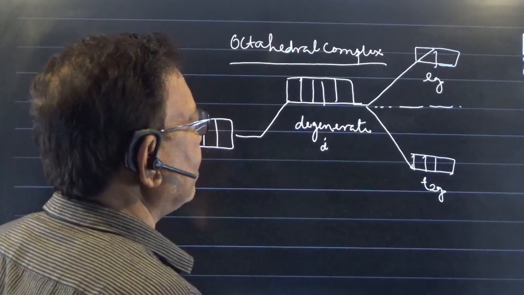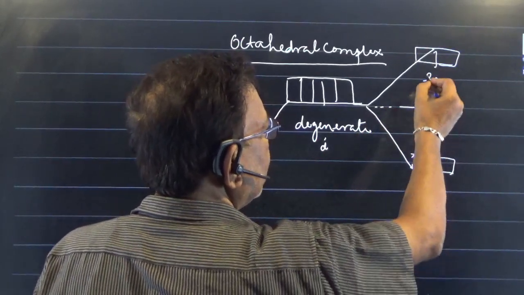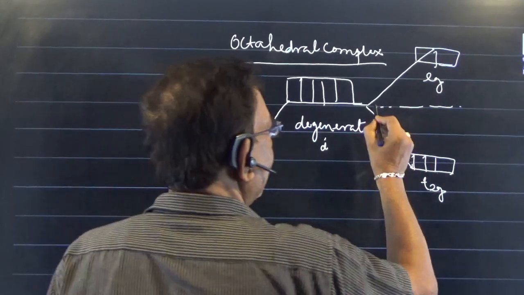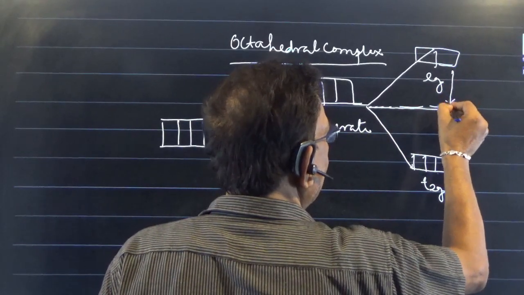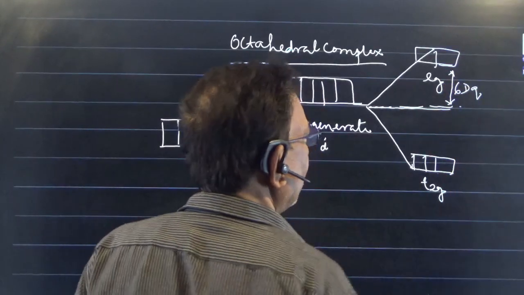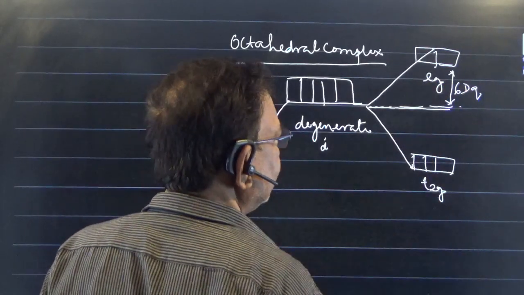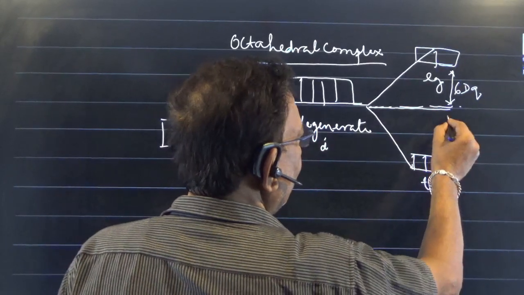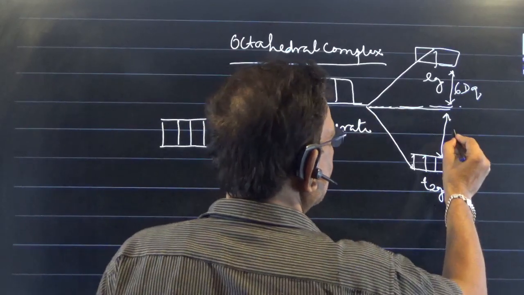When splitting takes place, the repulsive force of Eg will be more, so it will go above the degenerate state. So the energy is here 6 dq, or this is 2 by 5, and this will be below, this is your 4 dq.